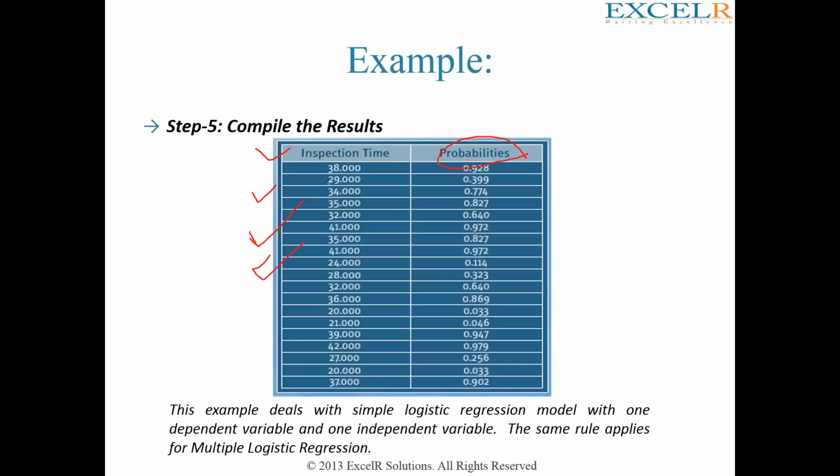This example deals with a simple logistic regression model, wherein you have x and then the probability associated with that. And the same rule applies even if you have multiple logistic regression. You just expand it to multiple values. That's it.